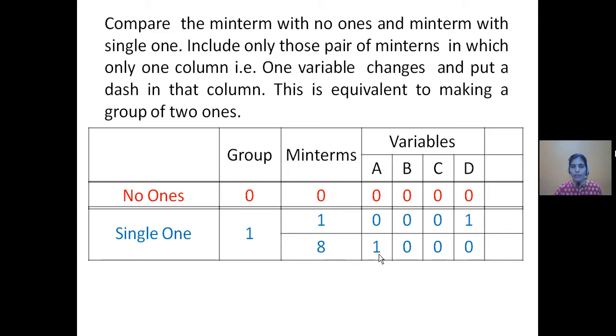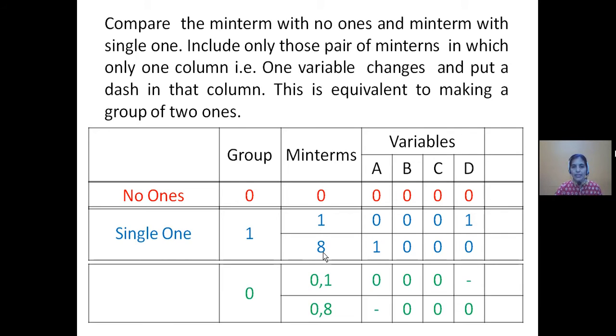So only one variable changes. So we can form a pair of 0 and 8 as well. And therefore, in the next table, this becomes the group 0, where we write the pair of 0 and 1 and 0 and 8 as a possible combination of two ones in this particular example.